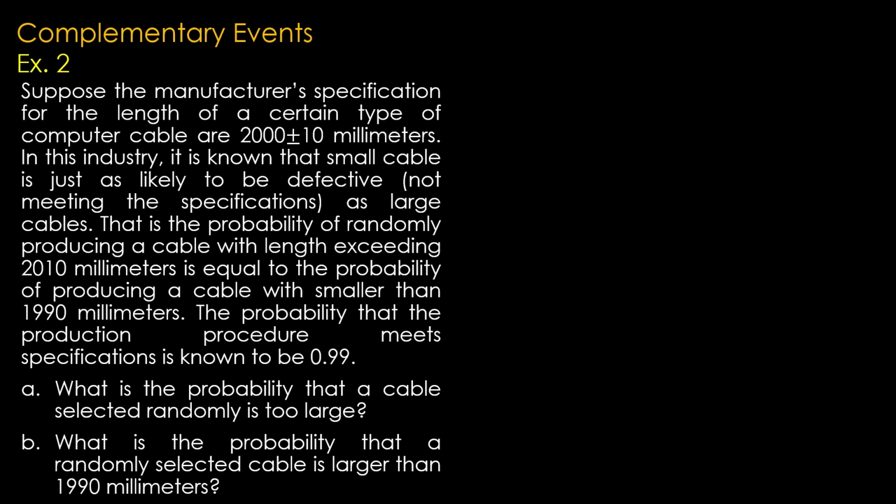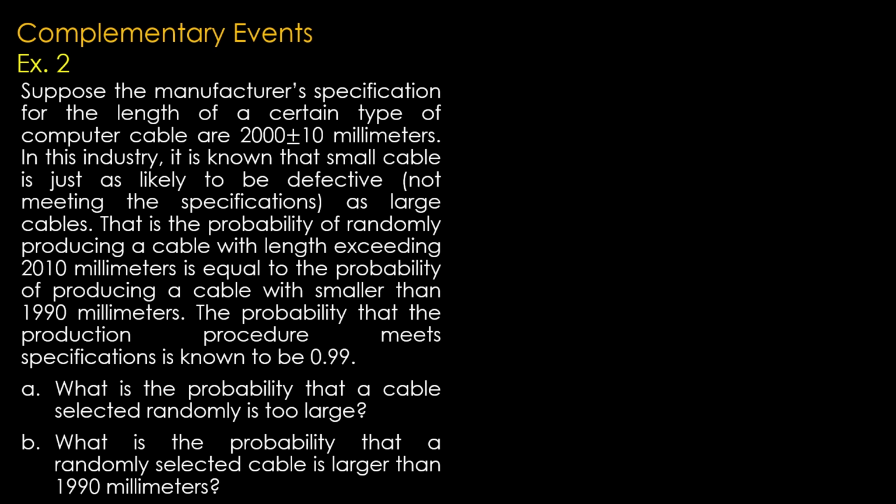So the probability of randomly producing a cable with length exceeding 2010 millimeters is equal to the probability of producing a cable that is smaller than 1990 mm. The probability that the production procedure meets the specification is known to be 0.99.